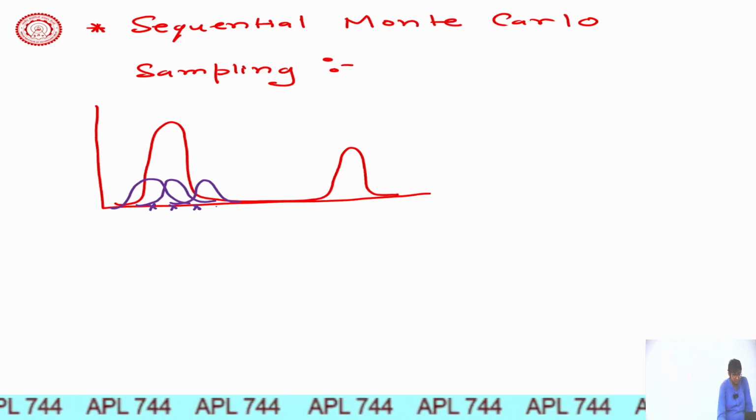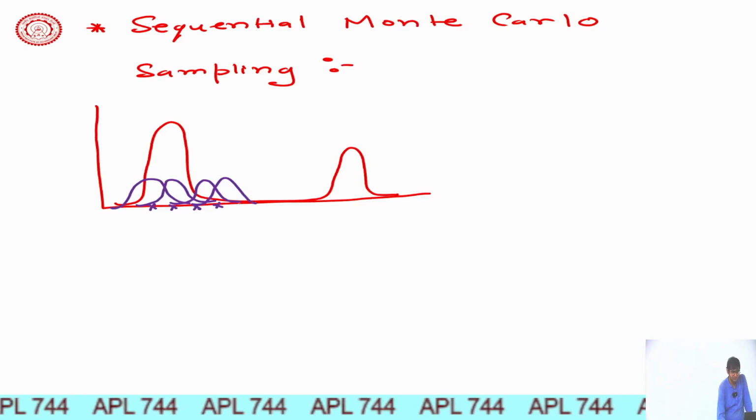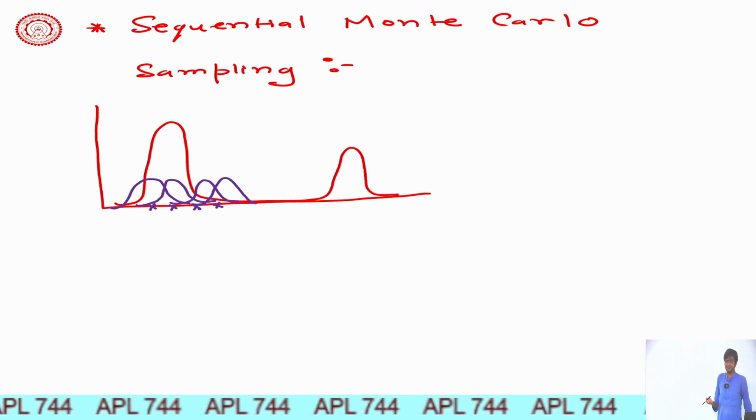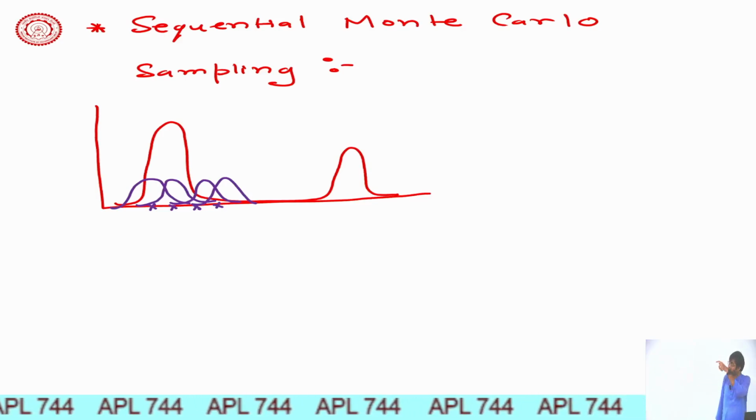Extremely optimistic, if you are lucky, you can get a sample here. Now build a proposal. Now this area you can never go, so you will now start going back. What does it mean? You will always get samples from the mode or the Gaussian component where you started. You can never reach the other one.